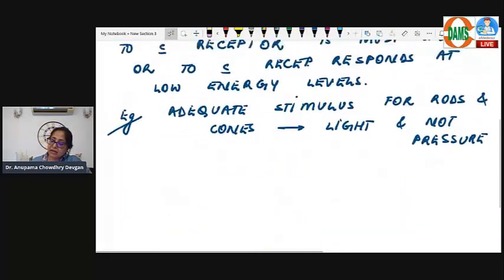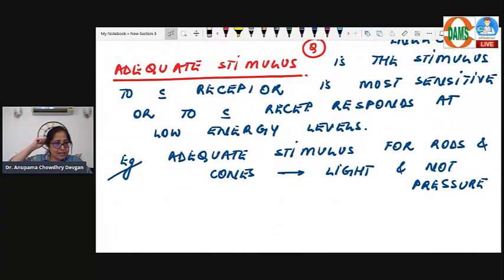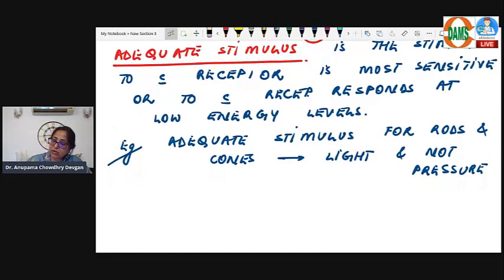Now, the next important point. What do you understand by sensory coding? What is sensory coding?